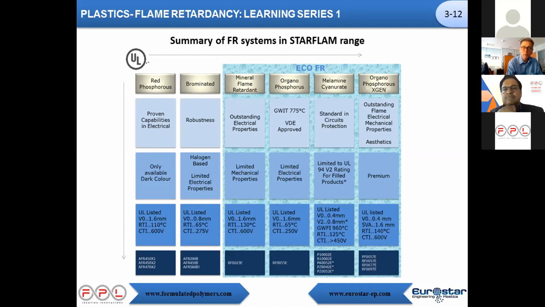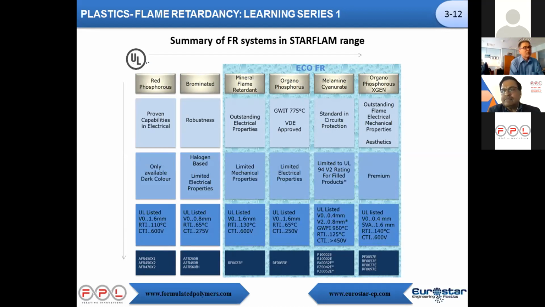So there is no perfect system, but with the whole range we can work with in our company, we can always find the best compromise. By having kept the possibility to work on the whole range of flame retardant systems, we always have something to propose.